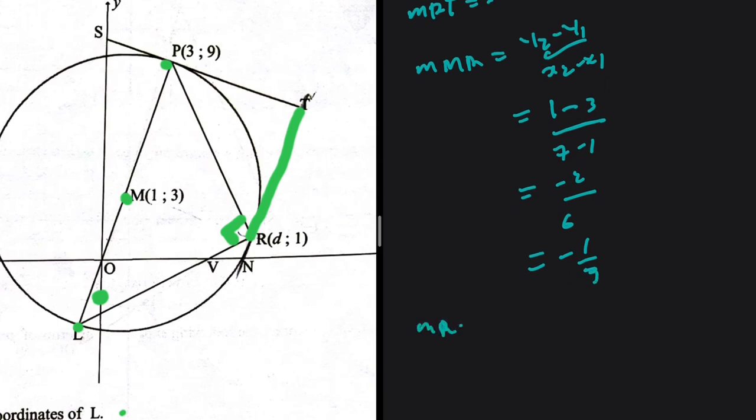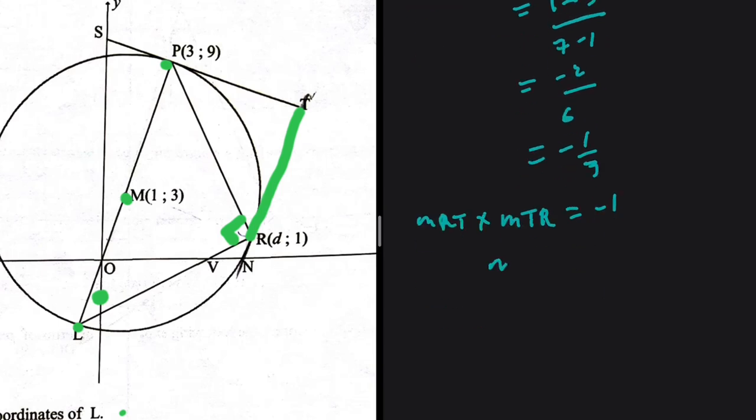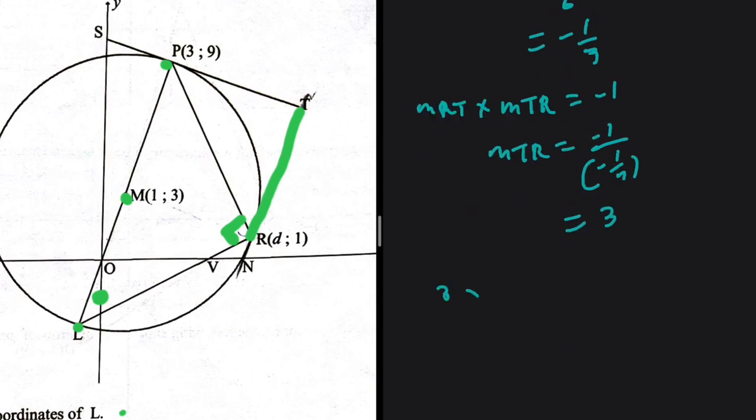So the gradient of MR multiplied by the gradient of TR should be minus 1. So the gradient of TR is minus 1 divided by minus 1 over 3, which is equal to 3. So 3, the gradient of TR, multiplied by minus 1 over 3, the gradient of PT, gives us minus 1.